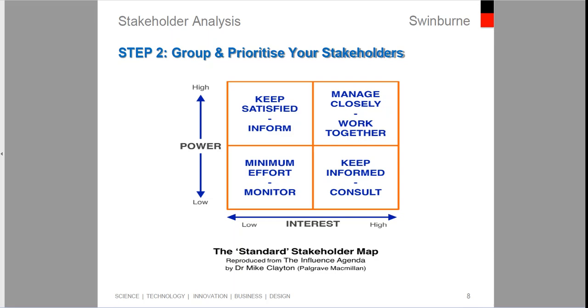The stakeholders are classified into four categories based on their power and interest levels. In the top right hand corner, we have high power, high interest stakeholders.